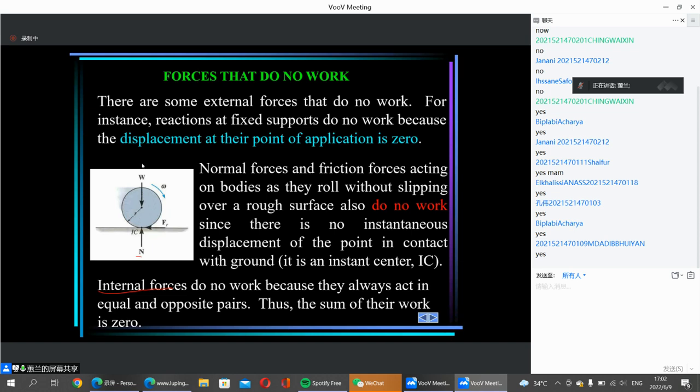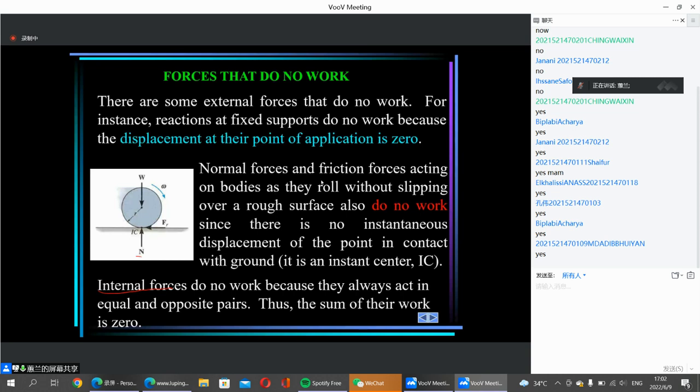Because the work is the dot product between the force and the displacement. If the displacement is always perpendicular to the force, even if it's an external force, it will do no work on the rigid body. So here, the normal force will not do work when the disk is rolling.